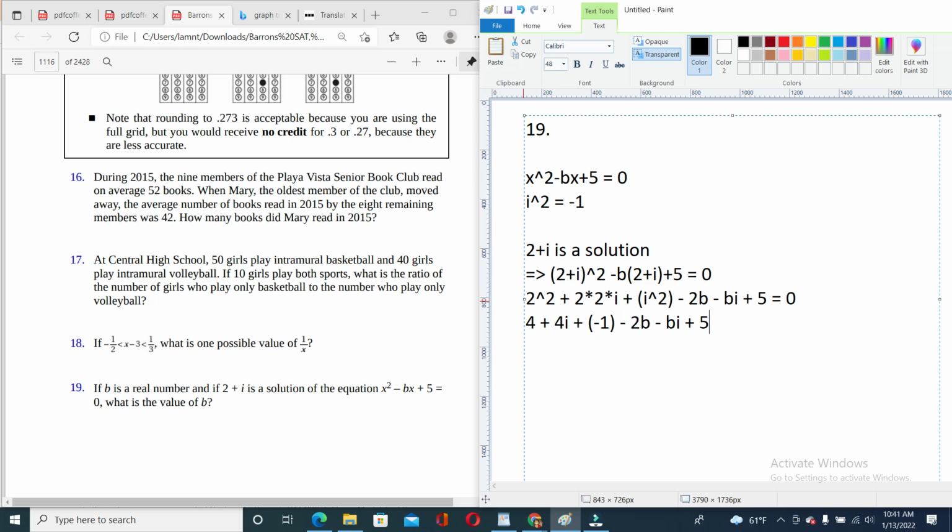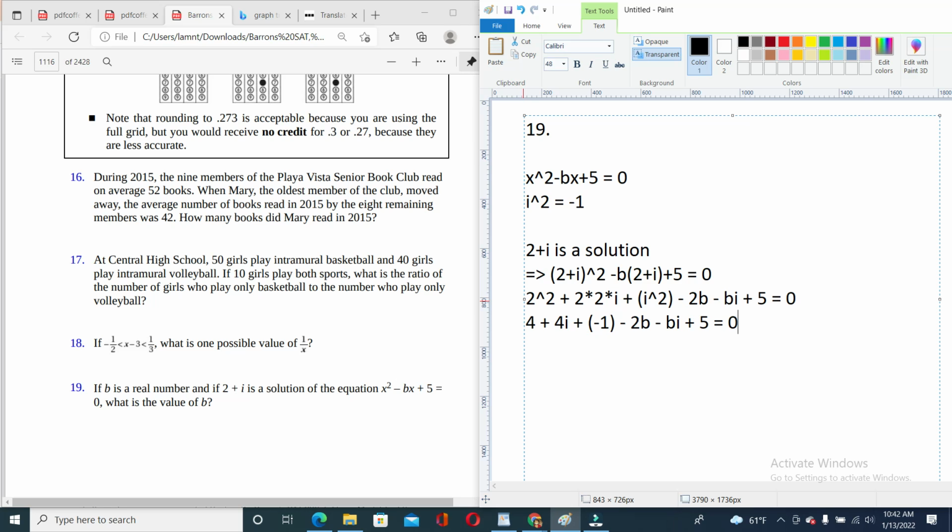Okay, what are we going to do now? We're going to put everything with b on one side and everything without b on the other side.